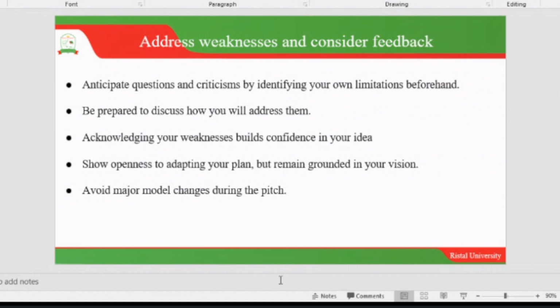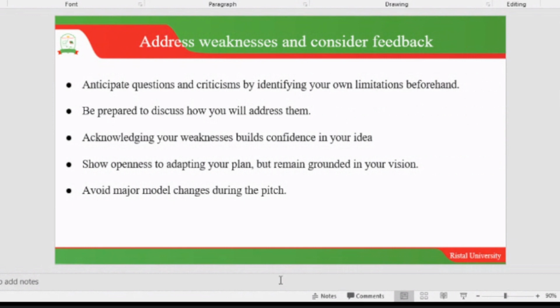Then, going back to the weakness bit, for example, if you are looking at putting up a health innovation and in your team you do not have a health professional, you can acknowledge that in your pitch: right now we do not have a health professional, but through your support, through your funding, we are going to hire one and support that person financially and with all the needs they might have, so that we can execute this idea to the maximum capacity.